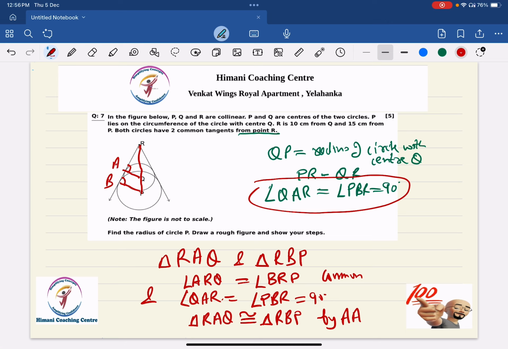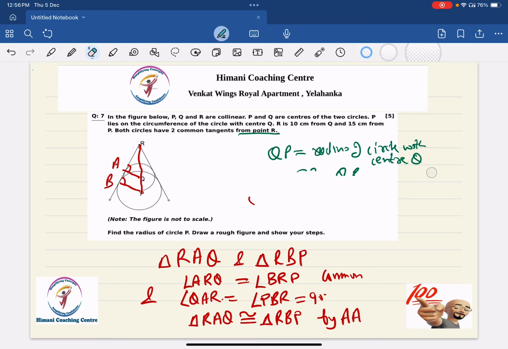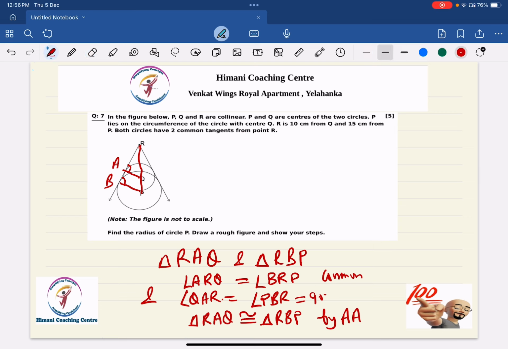Now once the triangles are similar, corresponding sides of similar triangles are in the same ratio. So we can say that QA by PB, which is this side and this side, should be equal to QR by QP.